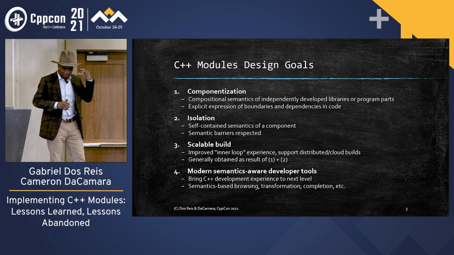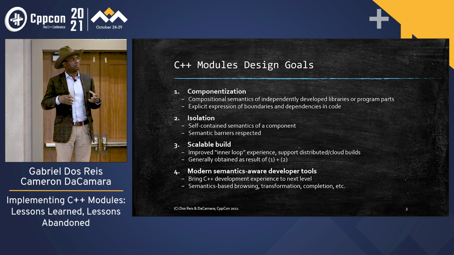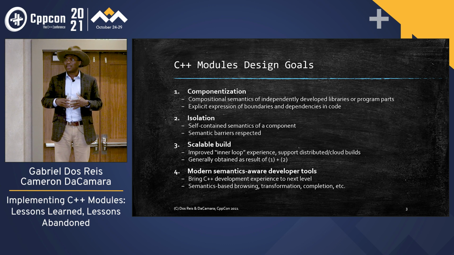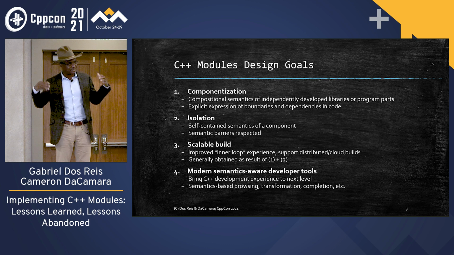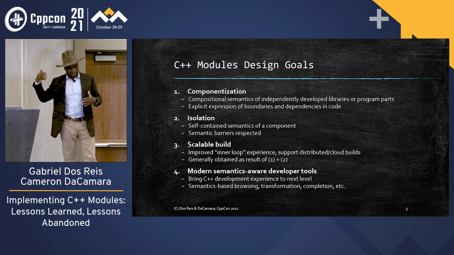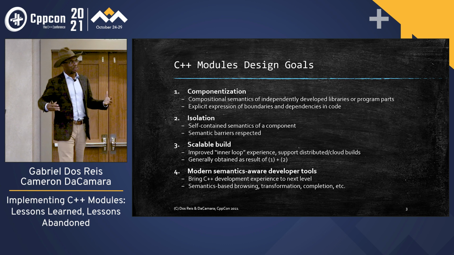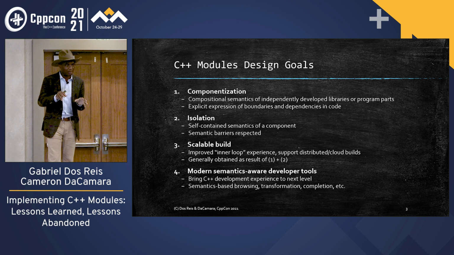The thing that has always bothered me is that in the C++ community, for some reason, we are so accustomed to software that we don't actually understand that we are missing semantics-aware development tools. If you come from the Java community or the C# community or the Python community, you know that there are a bunch of tools out there that understand your program.